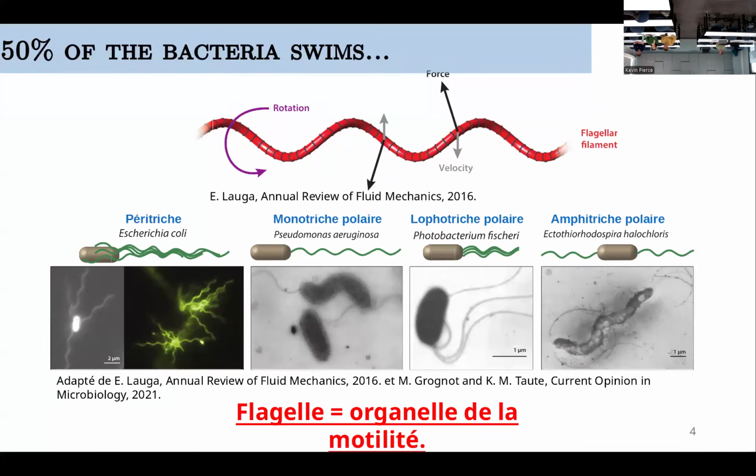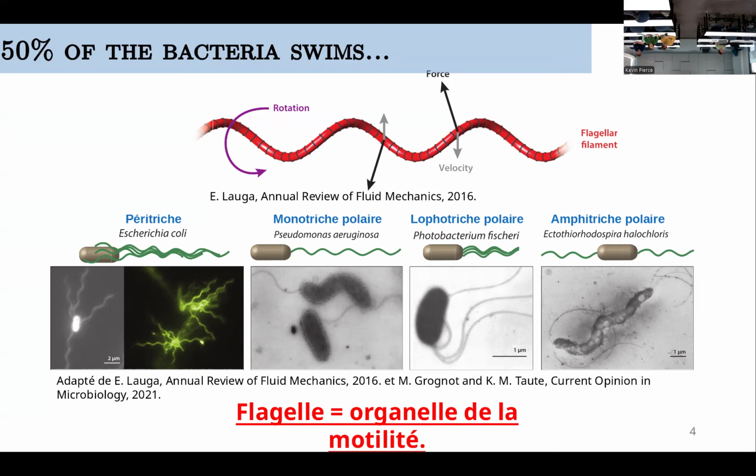Those helices are all over the bacteria, so they can be everywhere over the body. It's called peritrichous, like E. coli, and I will mostly focus on that type of bacteria.